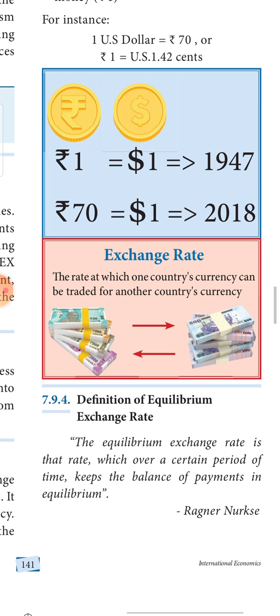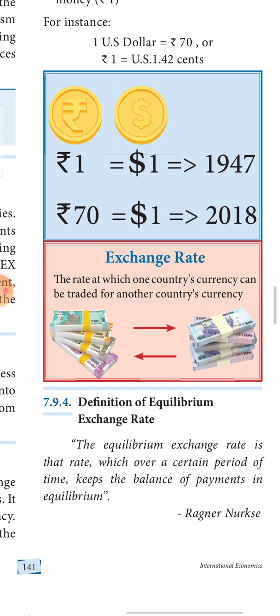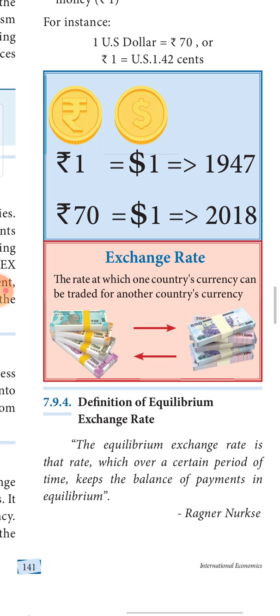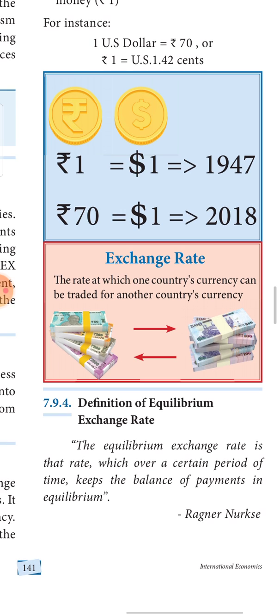Both of them would enjoy the same standard of living because their purchasing power parity was also the same. With 1 rupee, if I am able to get something here, I would be able to get the same commodity there with 1 US dollar. But in 2018, the exchange rate has gone to 70 rupees for 1 US dollar.